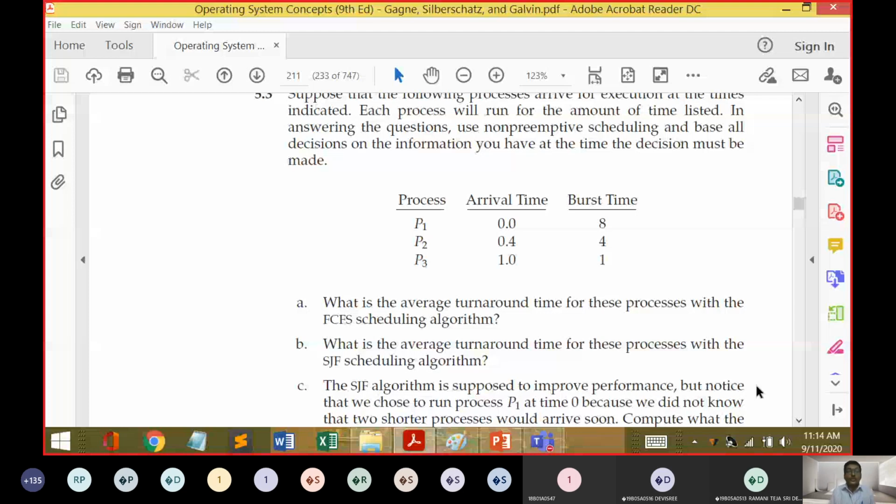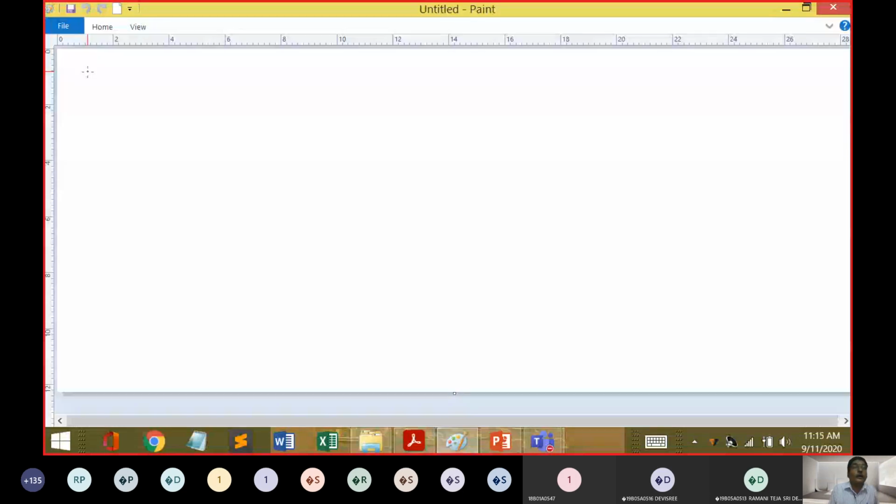Okay. So, I will write again on this whiteboard here. We have P1, P2, and P3 as processes. So let us assume P1 arrived at 0 millisecond, P2 arrived at 4 millisecond, and P3 at 1 millisecond. This I am going to call the arrival time.